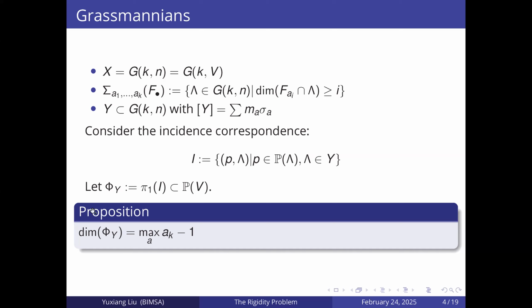Then the observation is that the dimension of phi is determined by the class of Y. The dimension of phi equals the maximum of a_k minus 1 among the summands in the class of Y.